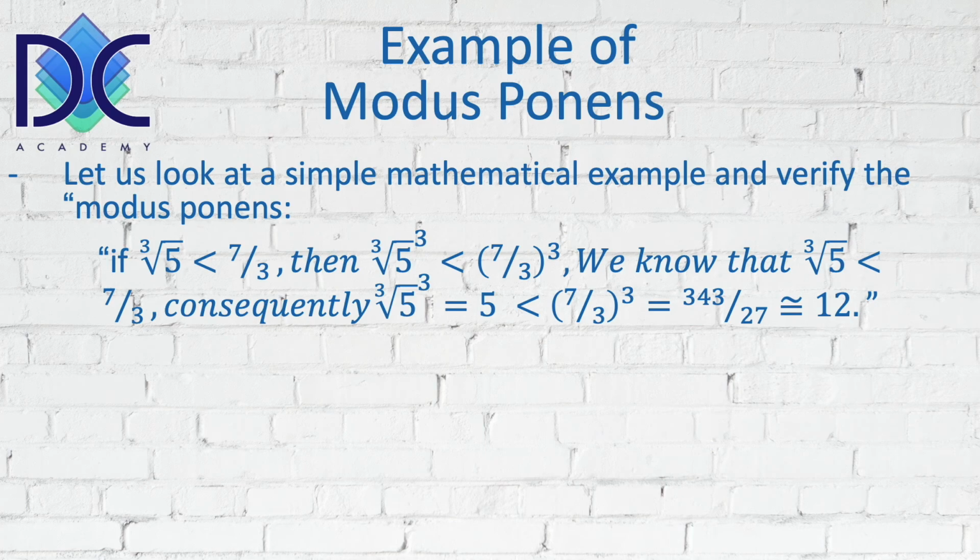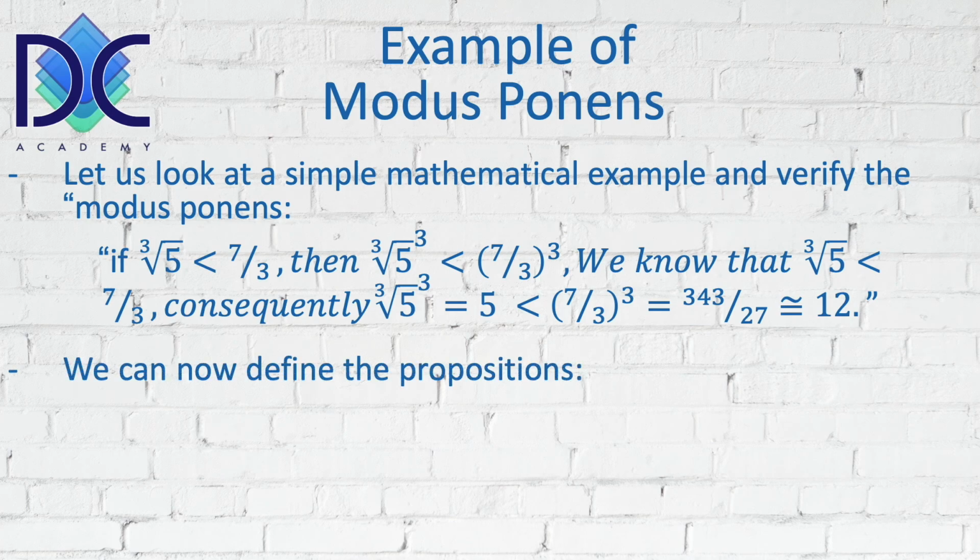And when we take the third power of 7/3, we find that it's 343 divided by 27, which is approximately 12. It's not exactly 12, it's a little bit more if you do the calculation, but to prove that the right-hand side is larger than the left-hand side, we only have to look at the first integer, and it's clear from 12 that this is in fact true.